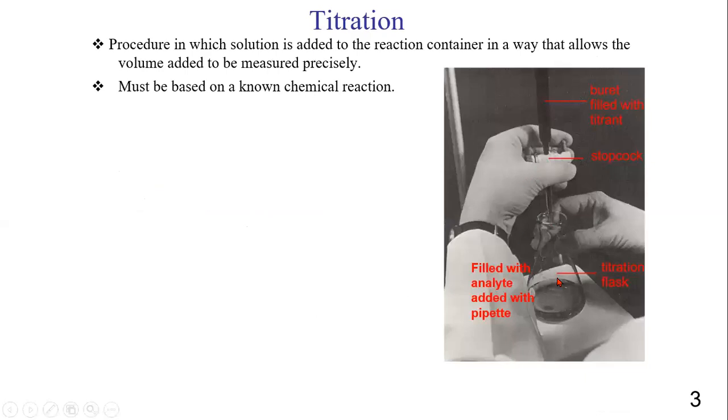And this is how we actually hold our apparatus. We use one hand to swirl the Erlenmeyer flask, and we use my left hand to open up the stopcock. My known is normally my titrant in my burette, and I slowly add drop-wise, opening up the stopcock, to my unknown analyte in the flask.